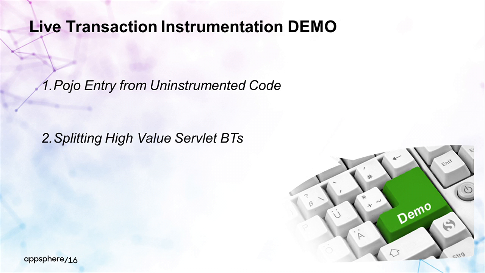So the question is, what exit points do we instrument today? We instrument a lot of exit points, like all the common ones that you can think of. HTTP, RMI, database, those are the common ones, but also web services, all kinds of web services like Spring and WebLogic, WebSphere. Yes, message queues, yes.